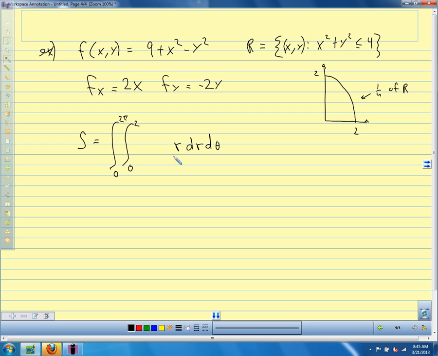And then our function: we're going to have the square root of 4x squared plus 4y squared plus 1 and r dr d theta. And I know I haven't written this in terms of polar coordinates. So how am I going to write my integrand in terms of polar coordinates?